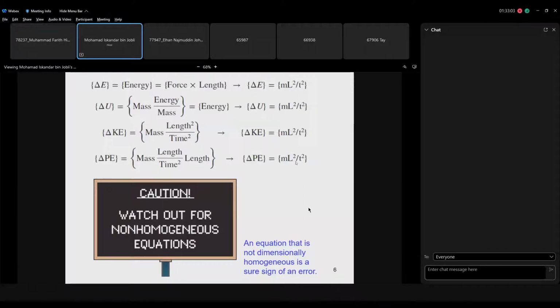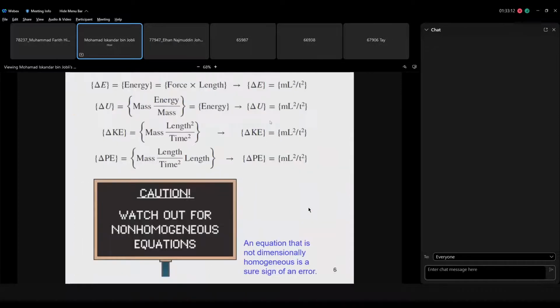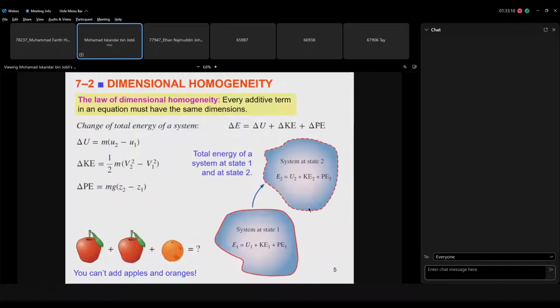This is the method you can use to make sure that an equation is valid, or dimensionally homogeneous. I could say that this is now proven to be dimensionally homogeneous. All right?